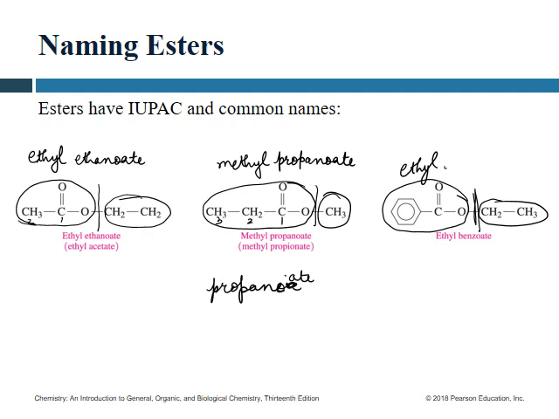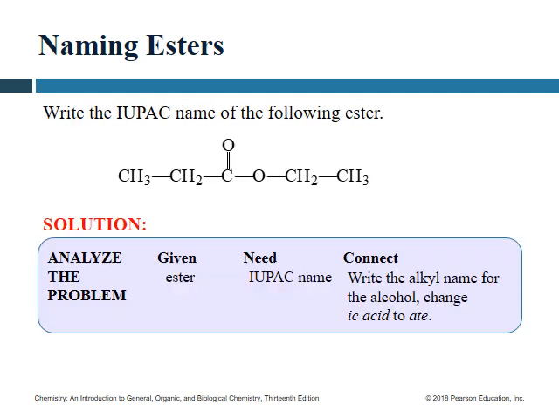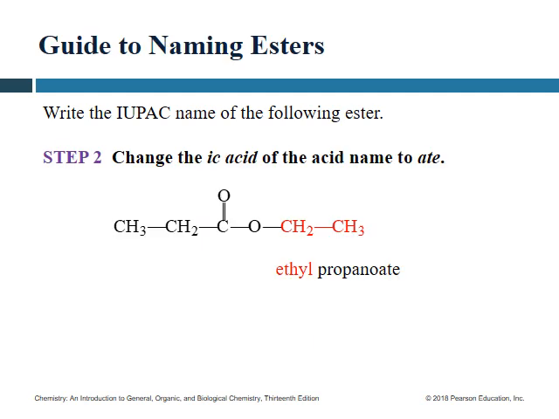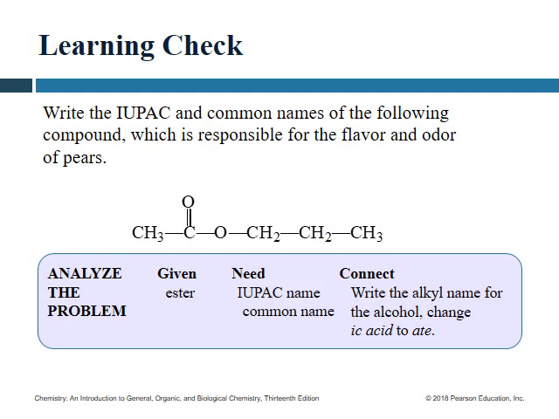So ethyl benzoate. Okay. All right. Named already. You could see some more examples right here. For instance, let's try to name this IUPAC compound. Again, it's an ester. Break right here. Propyl.